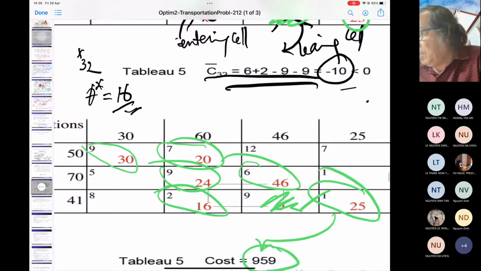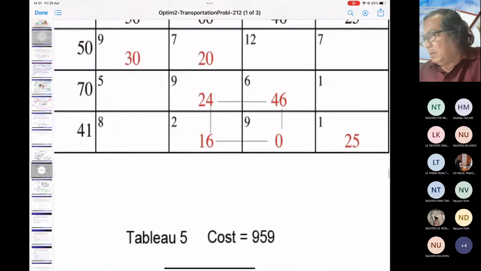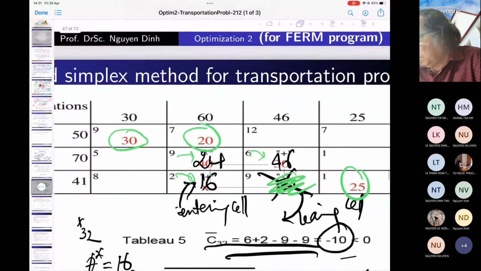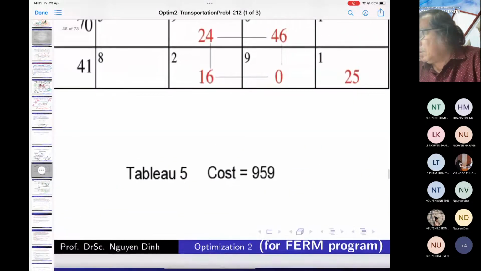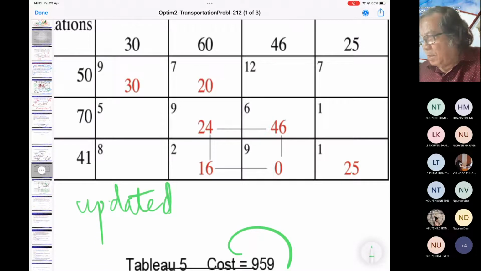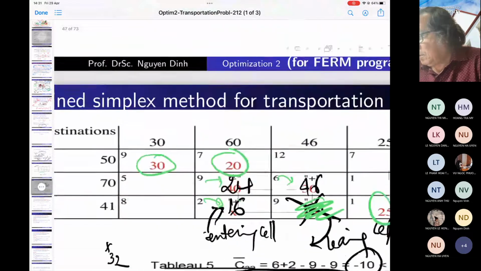And then you remember here with this one, what is it? That is the improved, updated table. But before this one, no. Before this one is here.